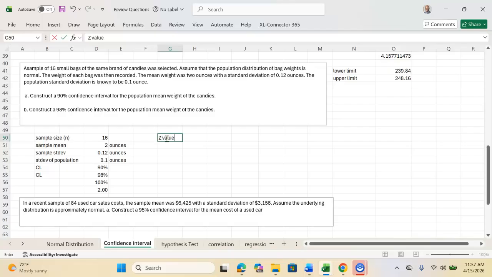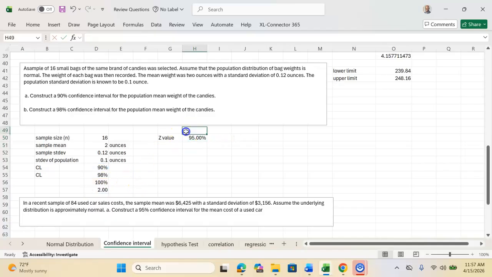Z value or z score, and we're going to use the same formula. So I'm going to put equal sign, click on 90, plus 100%, this one, minus 90, divided by 2. So enter.